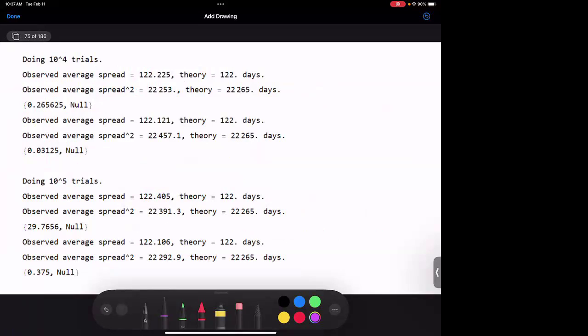At 10 to the 4th, it was 0.03 seconds for the faster way versus the 0.265 for the slower. If I go up to 10 to the 5, it was only 0.375 seconds. This was basically a factor of 10. Much better than the 29.7.